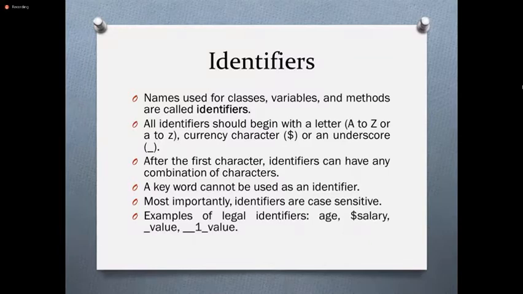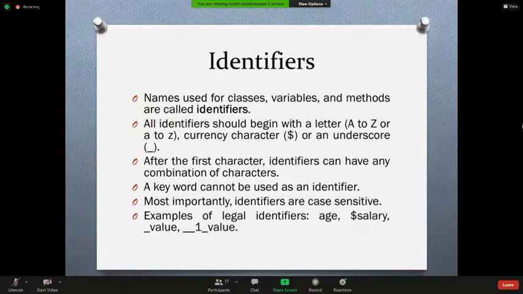After the first character, identifiers can have any combination of characters. A keyword cannot be used as an identifier. The most important thing is identifiers are case sensitive. As examples, these are variables: age, dollar salary, underscore value, then hyphen, one hyphen value, right? This is about identifiers.